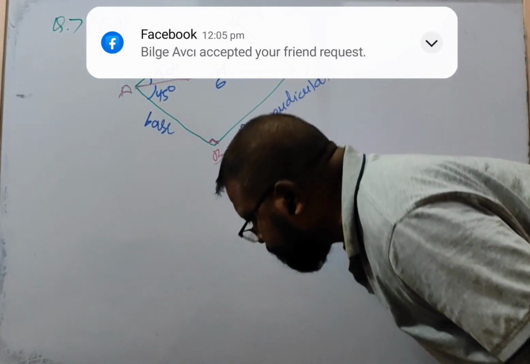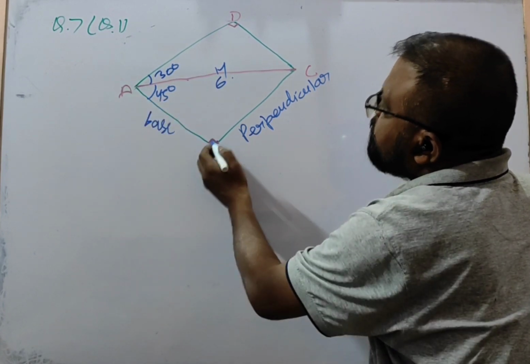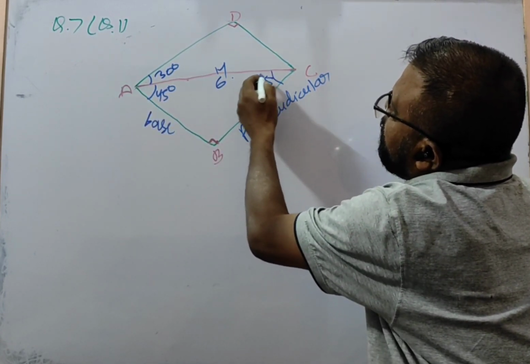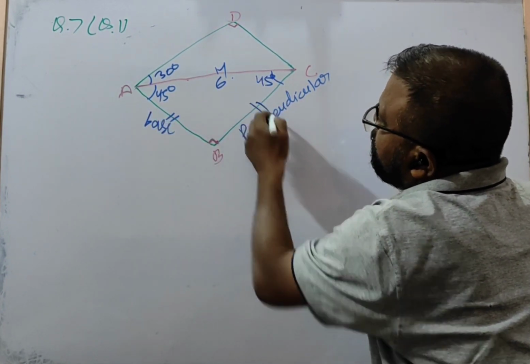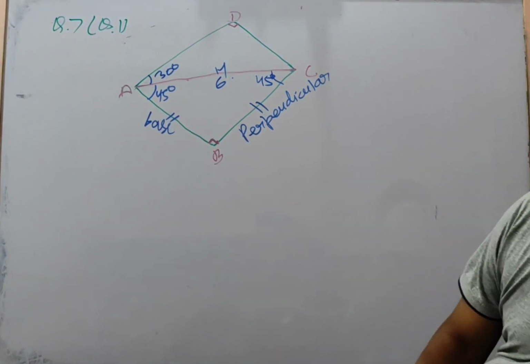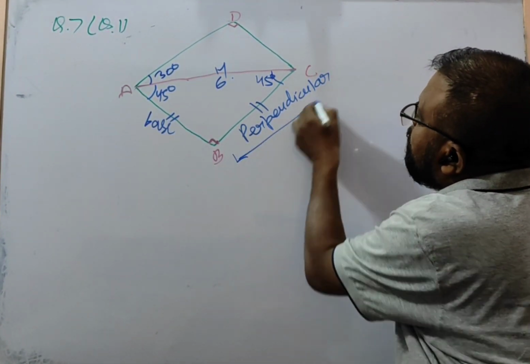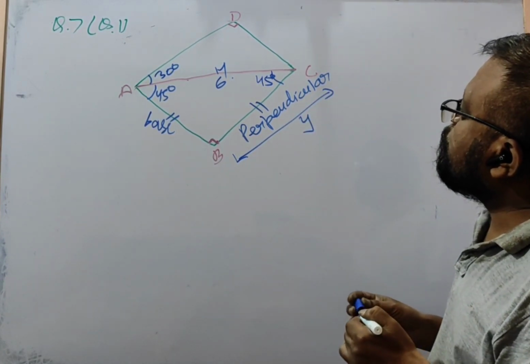So this is 45 degree, this is 90 degree, so this will be 45 degree. When base angles are equal, sides are equal. We have to find the y.